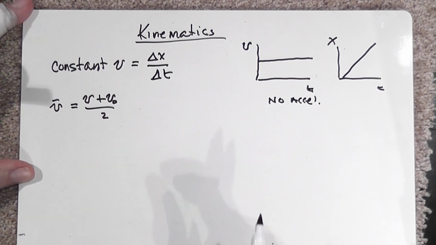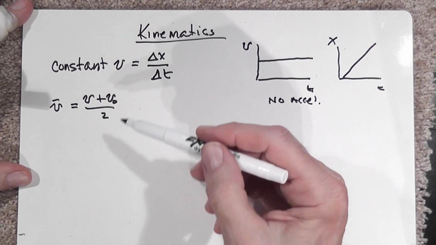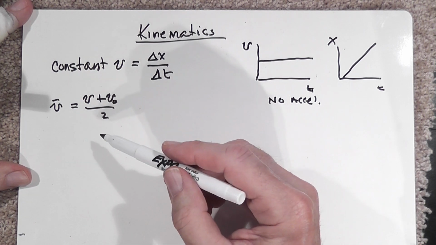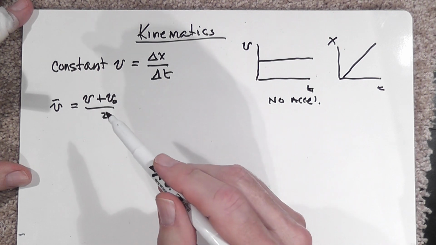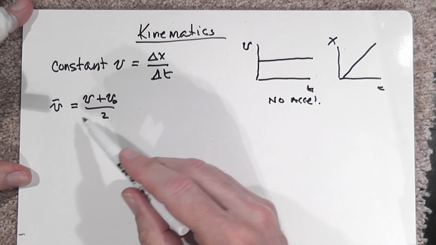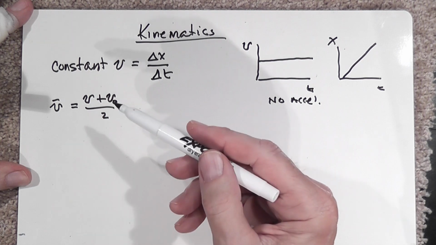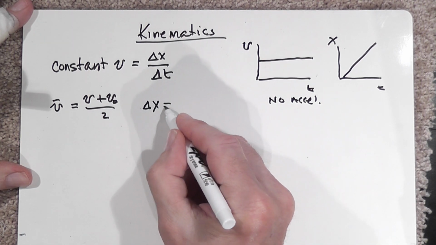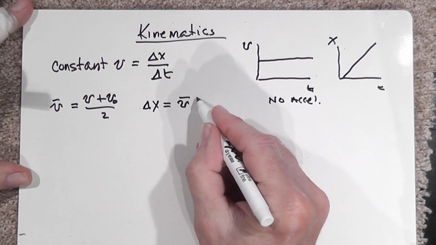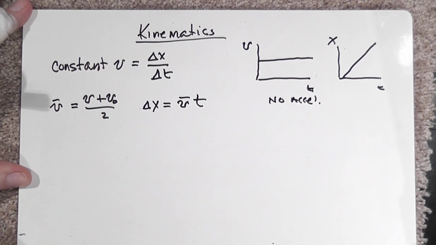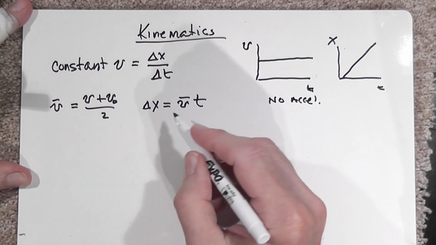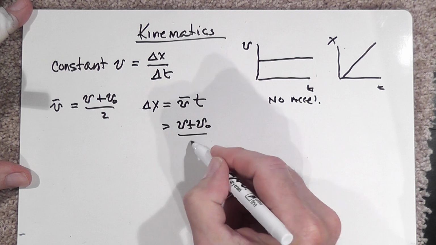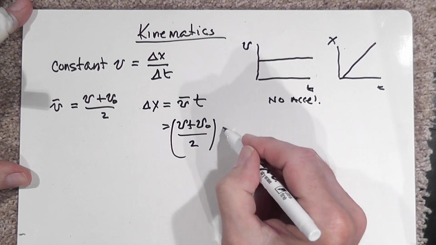This is also something that comes into play when you're solving some of the problems. Taking the two velocities and dividing by 2, you get an average. So the displacement is equal to the average velocity times time, which is v plus v naught divided by 2, times t.